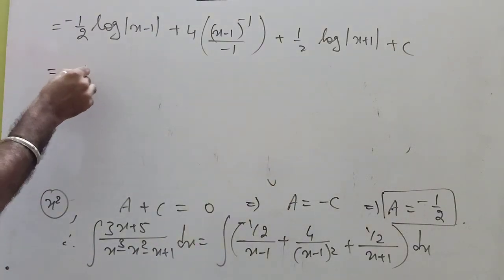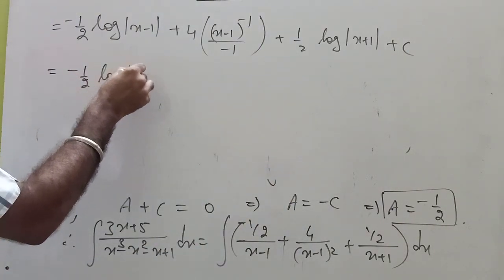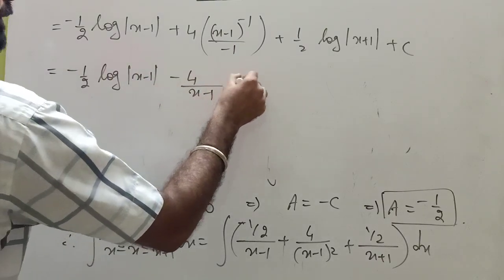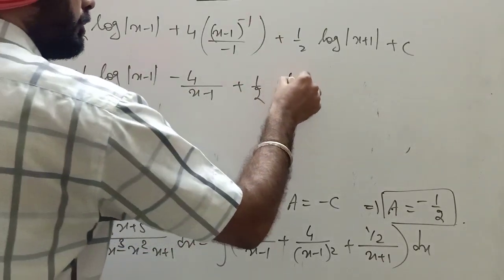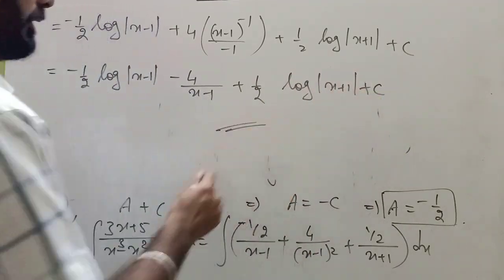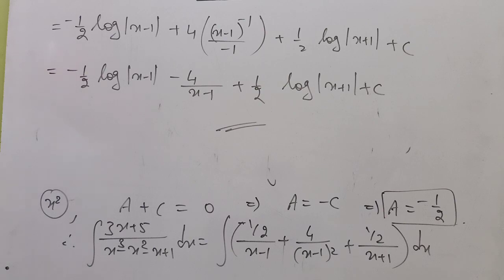So the last final step is: first term same, second is minus 4 by x minus 1, plus 1 by 2 log mod x plus 1, plus c. So this is the final answer for case number 2.